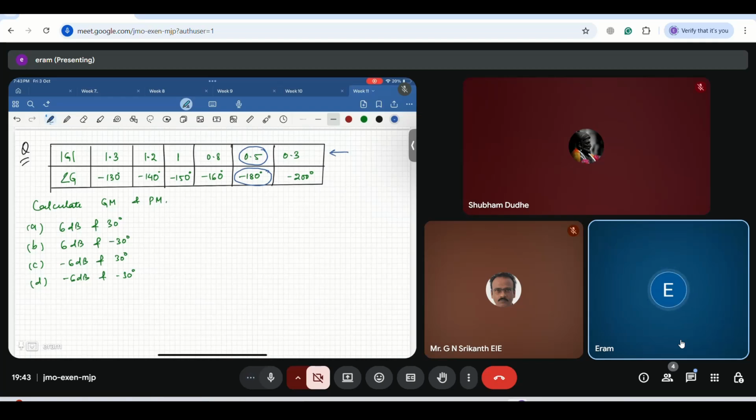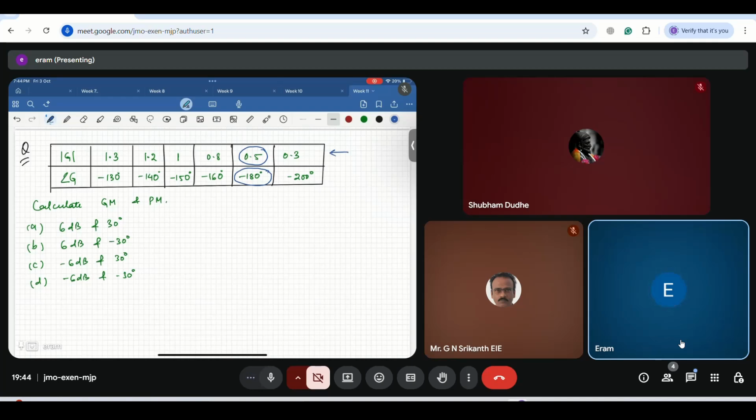Okay, so this is not in dB, so that's what I was checking. At the angle of minus 180 degrees, we have a gain of 0.5. And how is gain margin defined? Gain margin is just the reciprocal of the magnitude at the frequency where the phase is minus 180 degrees.